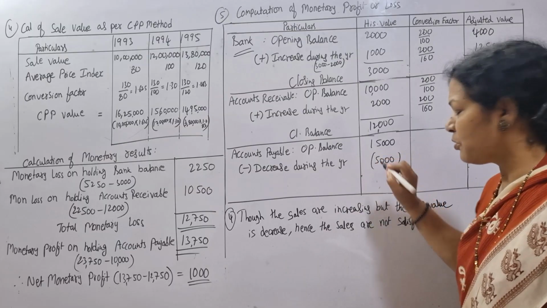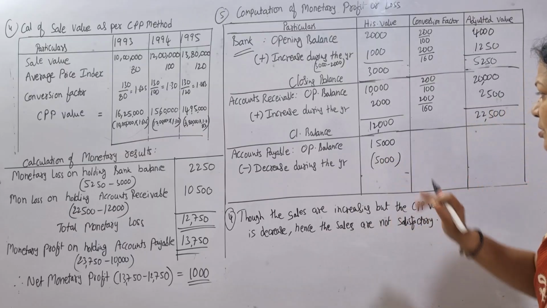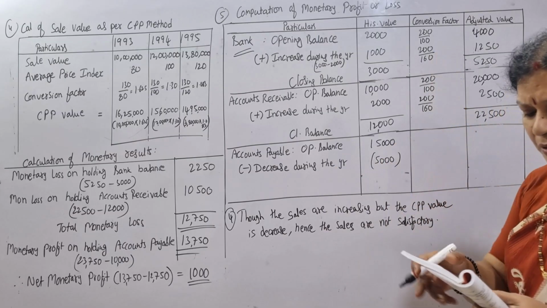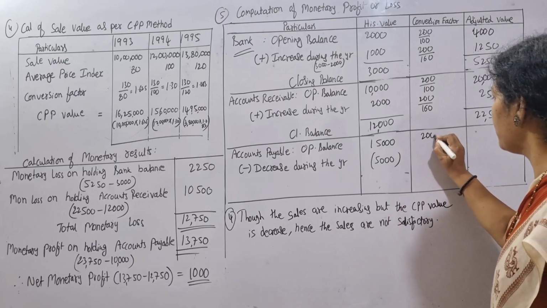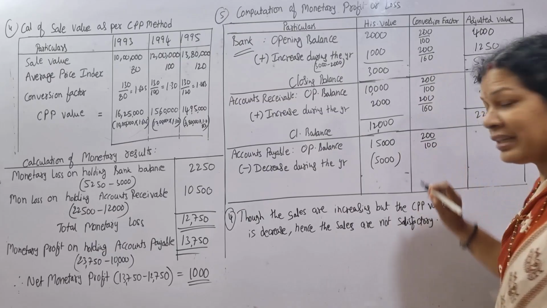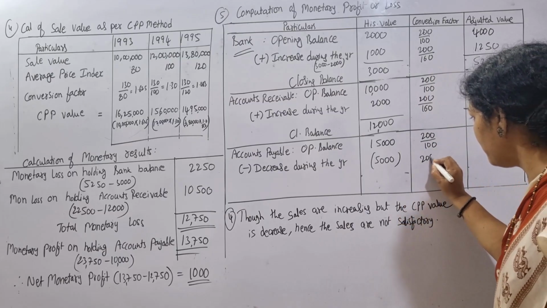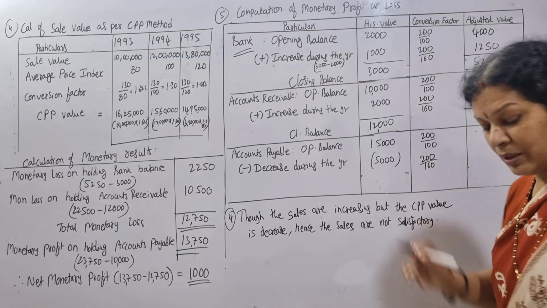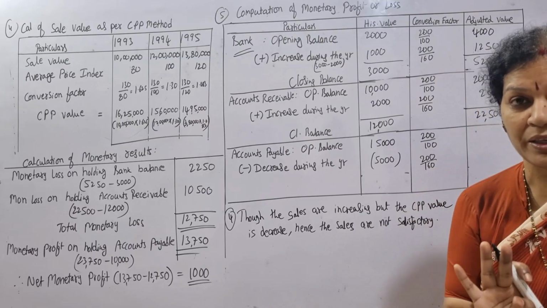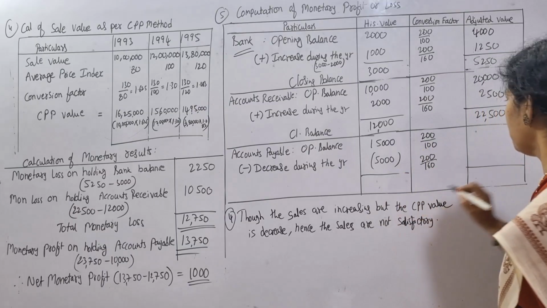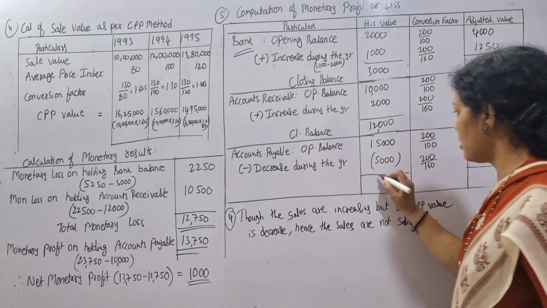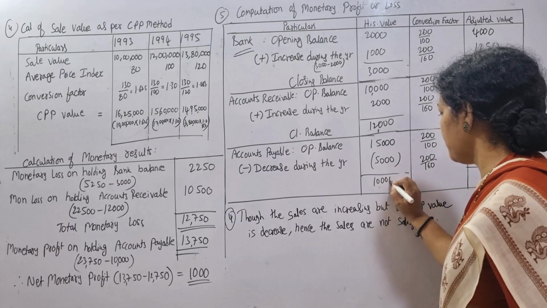I'll write it in brackets because it is a decrease. Now the same common factor for 15,000, 200 by 100, and for increase or decrease you'll take 200 by 160, where 160 is the given average. So we'll close this one also.